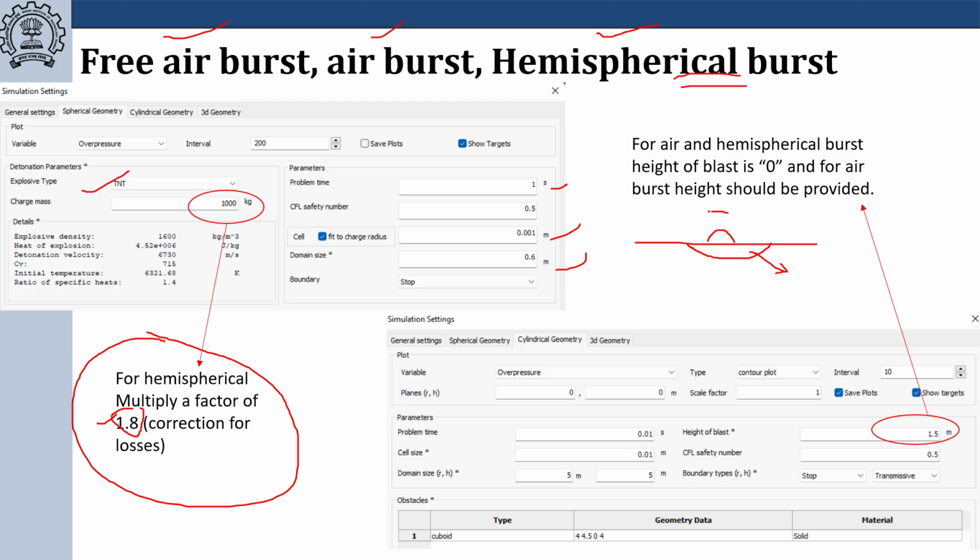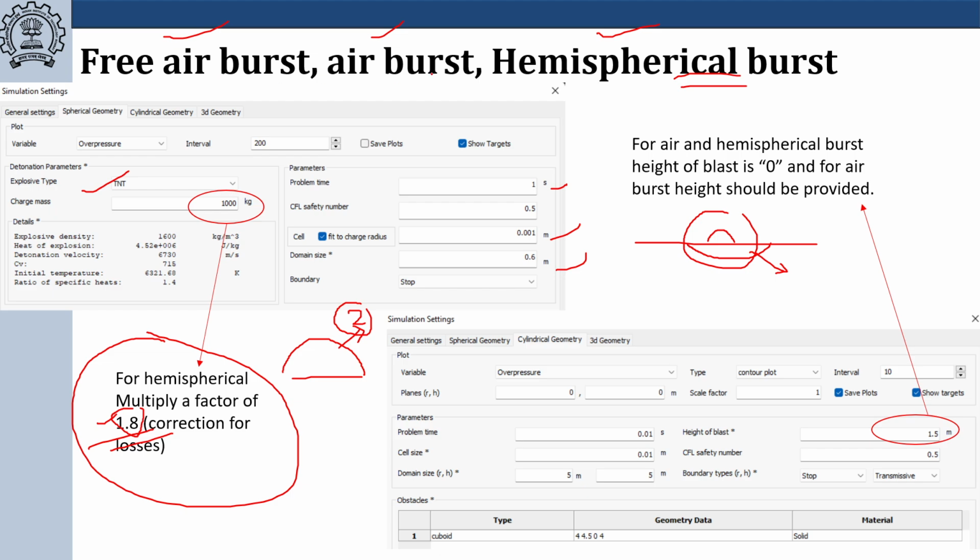So 1.8 is used, or else if the ground is perfectly rigid, then the total energy is reflected back, and the charge mass should be twice the initial charge. So basically, to account for the effect of crater formation, you use the 1.8 factor. If you are doing a hemispherical burst, just use 1.8 times your charge mass, that is 1000 kgs here. So 1800 kgs you have to use to create a hemispherical burst scenario.